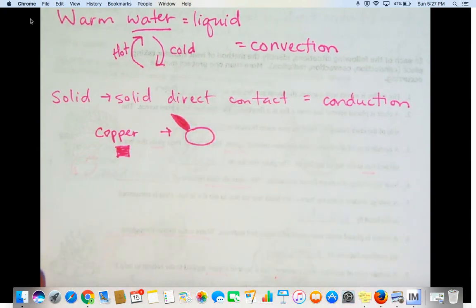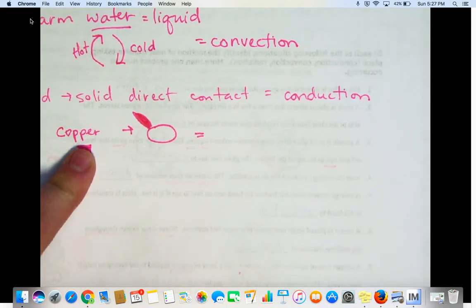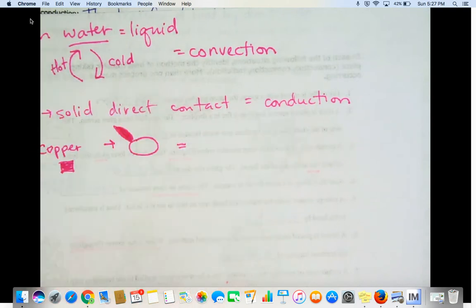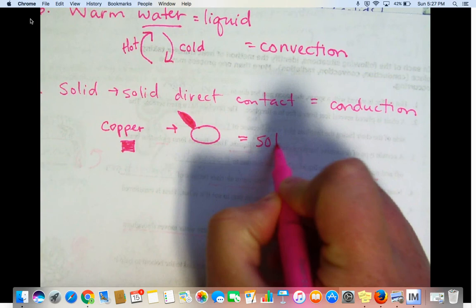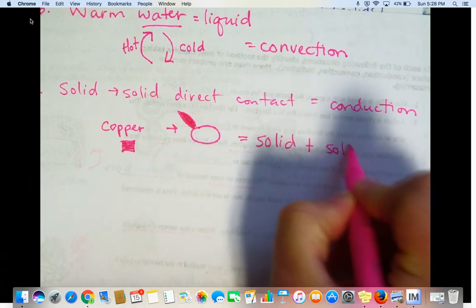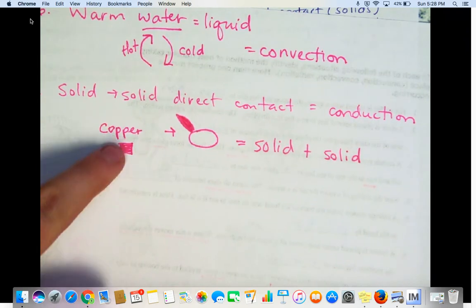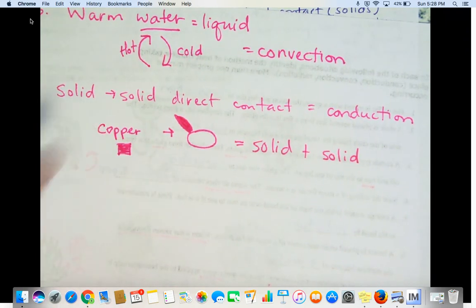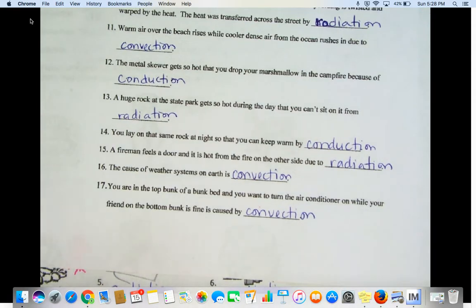They're touching, okay? And they're transferring heat. And so by that, I know a solid plus solid direct contact equals what? Conduction. And you've got solid plus solid, okay? And that'll confirm what you know, why you chose what you chose, and if it's right or not, okay? So I want you to go through, do the rest for each one of those. When you are finished, you will raise your hand and show me so I can give you points for doing this. All right? If you have any questions, let me know.